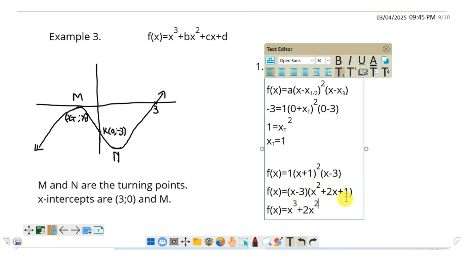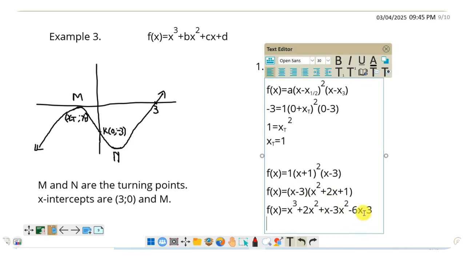Times 1 is x, plus, negative 3 times that x squared is negative 3x squared, negative 3 times 2 is negative 6x, negative 3 times 1 is negative 3.